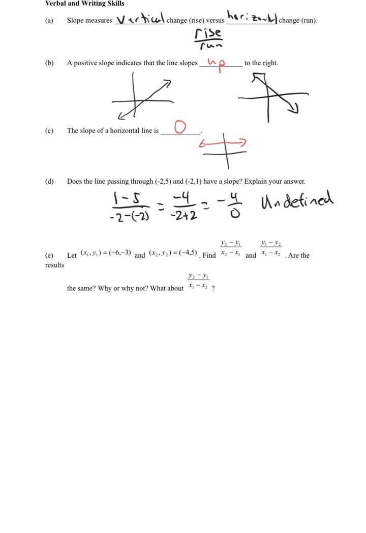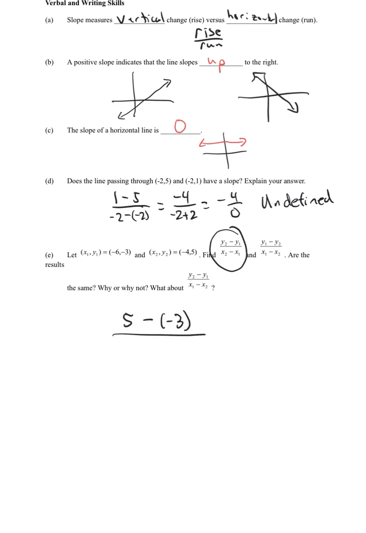Speaking of this formula, the y2 minus y1 over x2 minus x1, you got to just be real careful not to mix and match. So for instance, if I do the first formula, the second points minus the first. So in this case, this would be 5 minus -3.